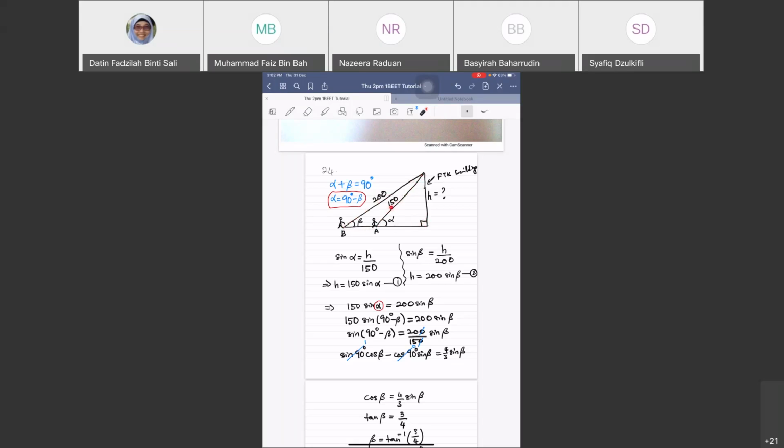So this 150 here is not opposite. You only know this length and this length, and you are not given any other angle. So you cannot just solve by looking at this triangle. Okay, all right, thank you, madam.